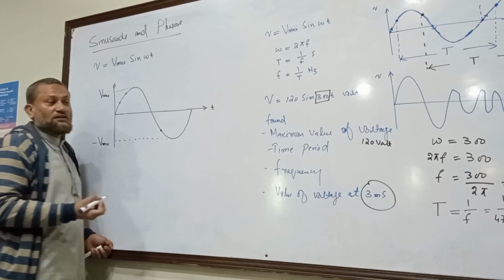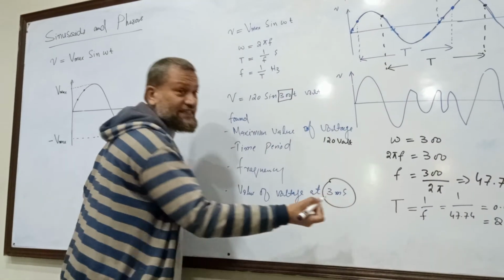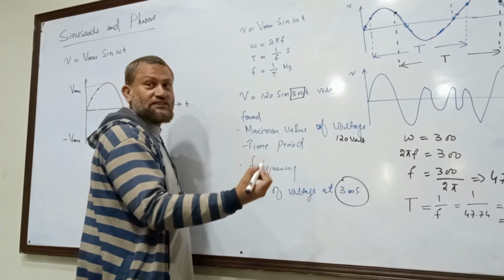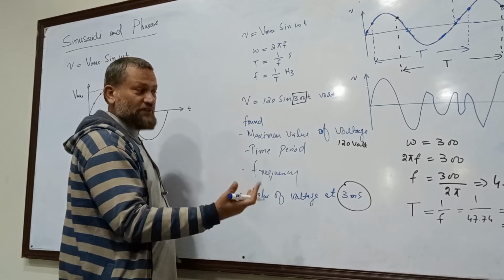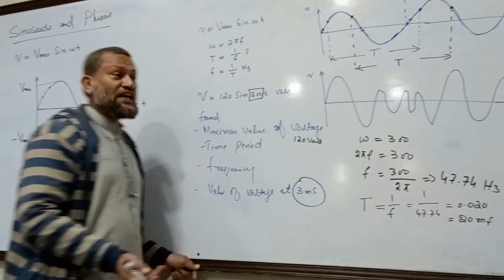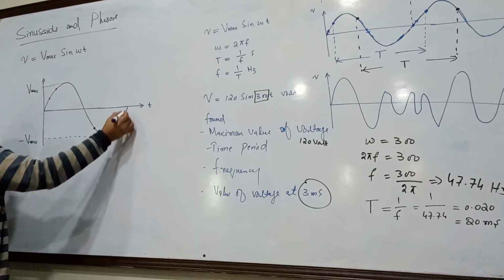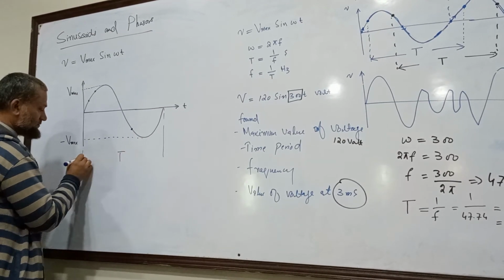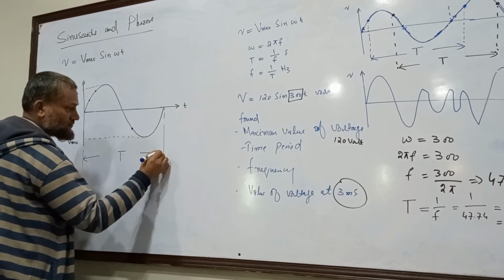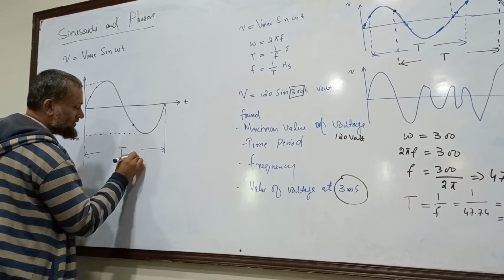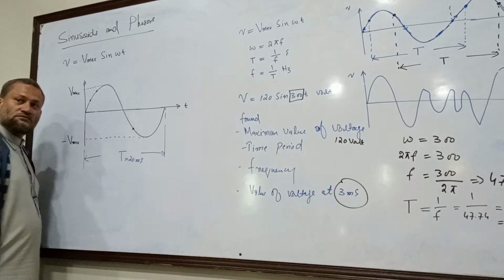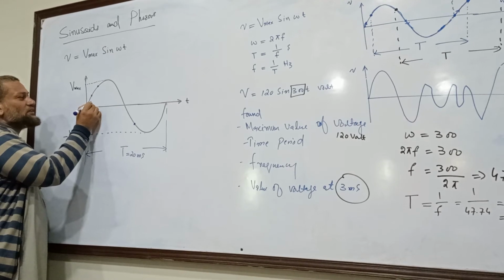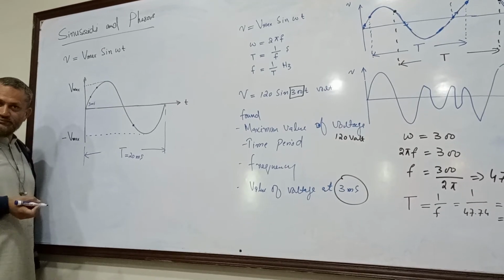So for example, I am calculating the value of the voltage after 3 milliseconds, because I got a 20 millisecond time period. How much is the time period? 20 milliseconds. So what will be the value for 3 milliseconds?